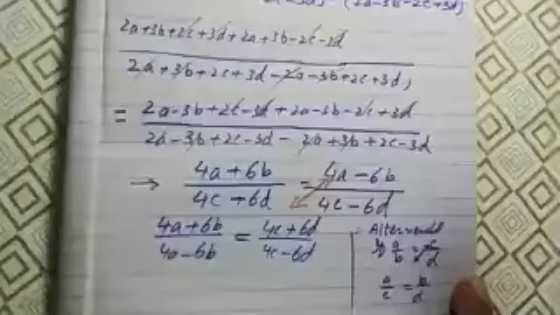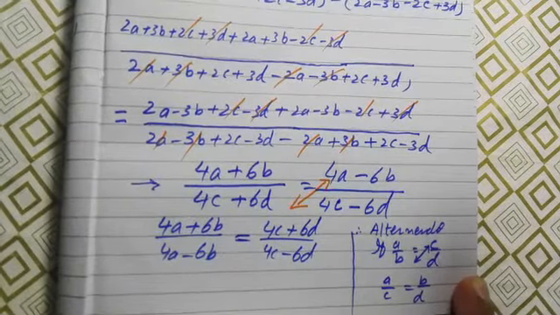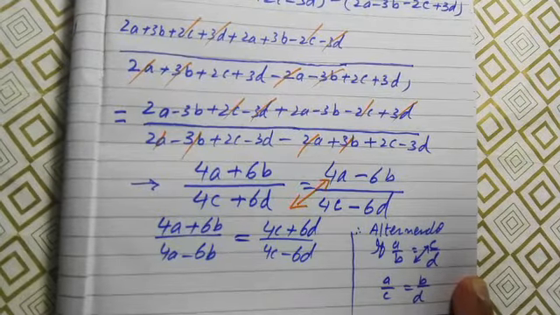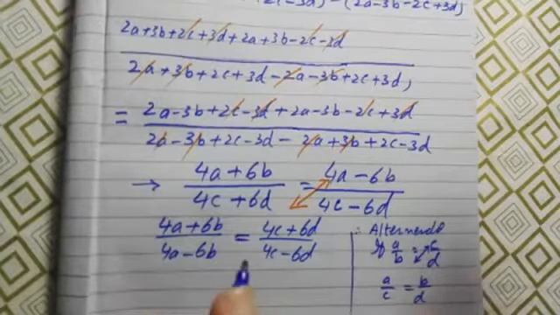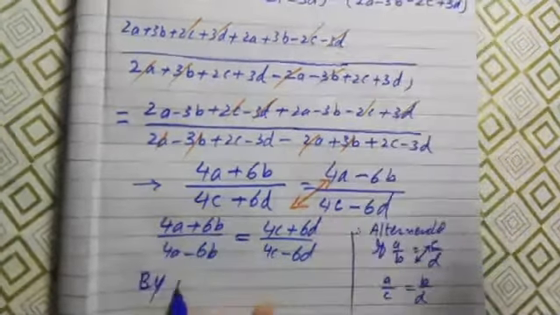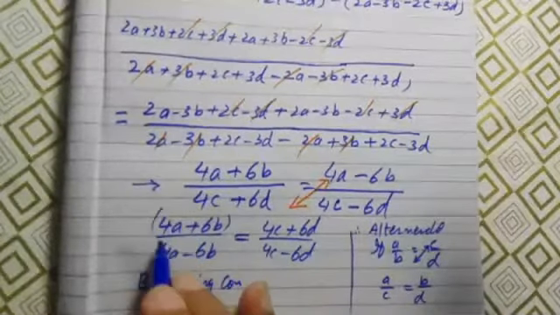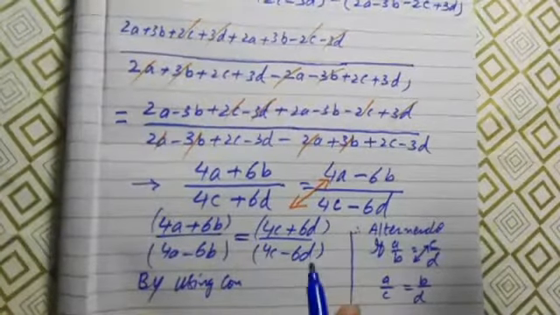Once I do it, I have written the reference. Now again, I have to apply the componendo dividendo theorem, and then you will see that we will finally get what is required from the question. So I will apply the componendo dividendo theorem on the next page. You will place the brackets around it, and then we will start the same procedure.